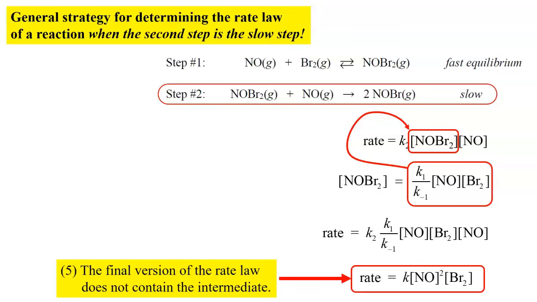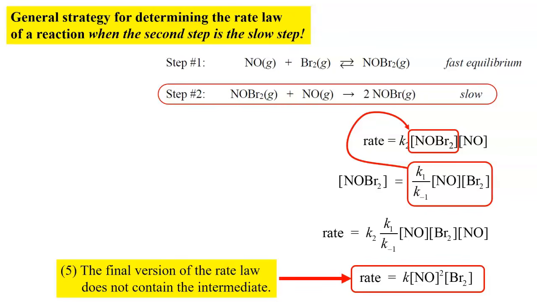So the final version of the rate law after that substitution procedure has been done does not contain the intermediate. Again, this is topic 5.9, steady state approximation, where the first step is a fast equilibrium and the second step is the slow rate determining step.